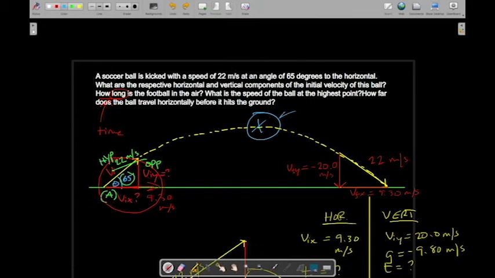So at the highest point, we can say that the speed is 9.30 meters per second. And why do we know that again? Because at the highest point, it's only moving horizontally, and the horizontal speed is always constant throughout the entire trajectory.